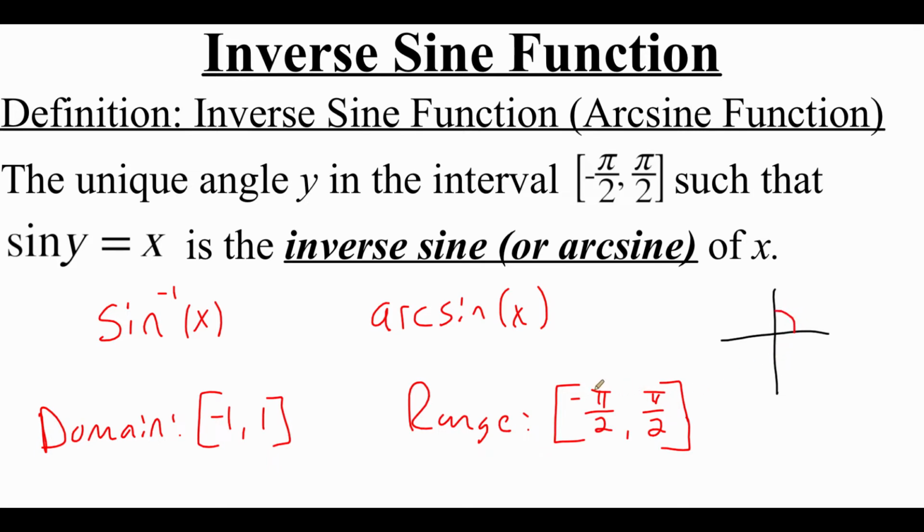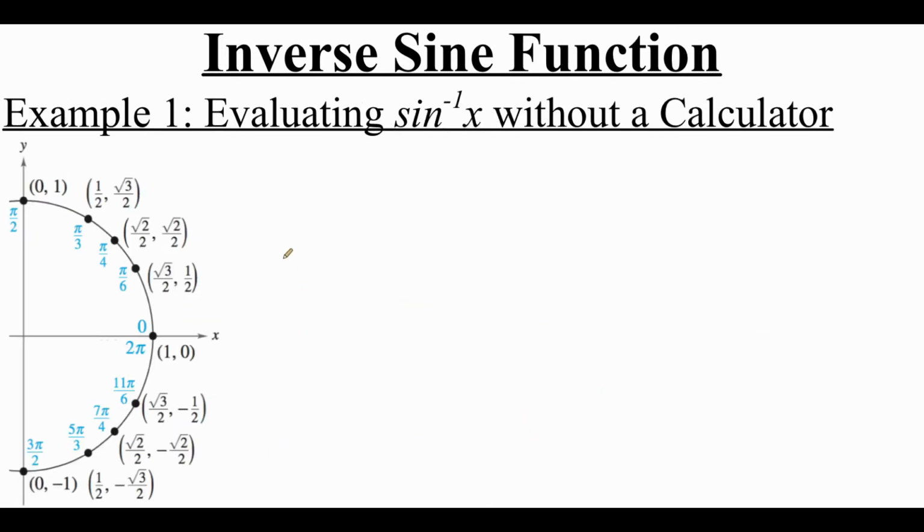And the angle negative pi over 2 is a quarter rotation, but in the negative direction, so backwards this pi over 2 distance. So as we're looking for angles using our unit circle, we're going to be focusing on the right-hand side of our unit circle. We're going to look at some examples of finding the inverse sine without using a calculator.